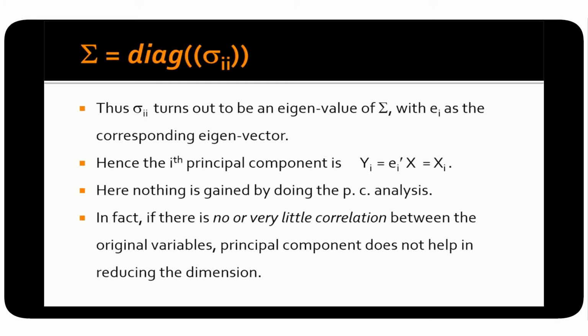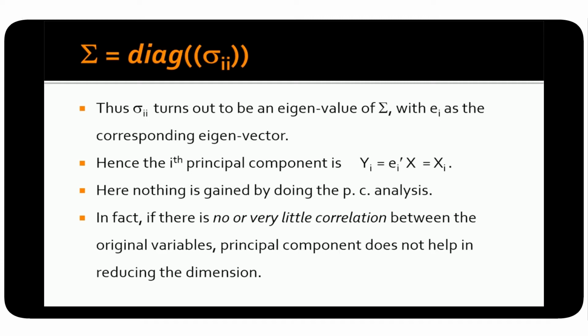Now, what would be your y_i? y_i would be e_i prime x, which would simply pick out x_i. So, y_i is equal to x_i, which means that the ith principal component is the ith variable itself. So, what does this tell us? This tells us that nothing is gained by extracting principal components in this case, because the principal components will be the original variables themselves.